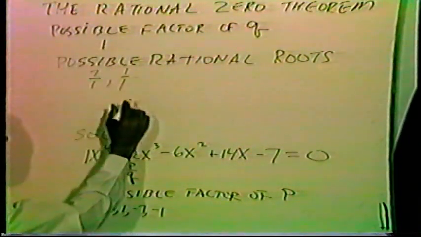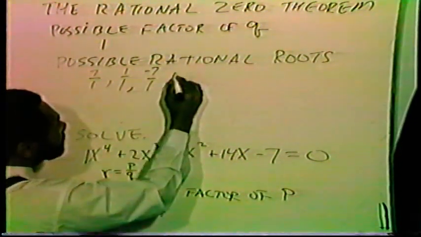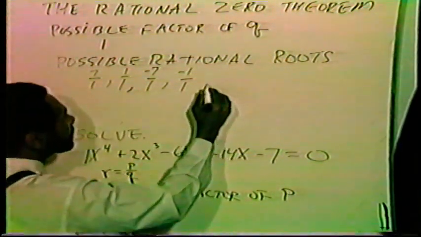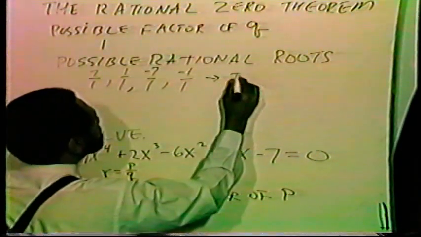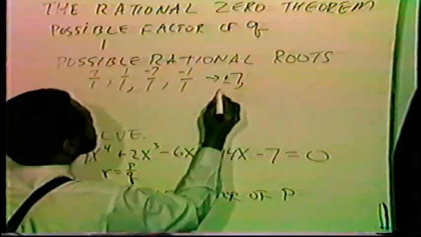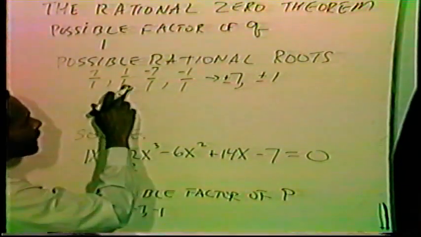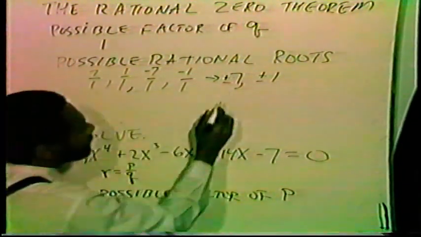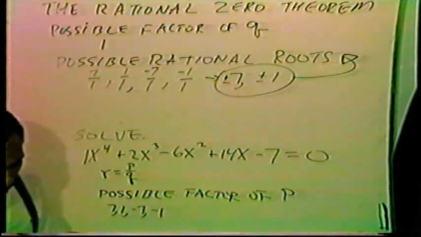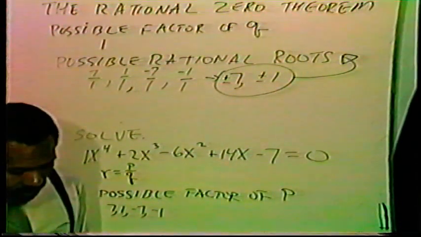And then we reduce those to lowest terms, and we get 7, and we see we have -7, so it would be plus or minus 7, and plus or minus 1, because we have a positive 1 here and a -1 there. So these are all the possible rational roots. We don't have any other possible rational roots.